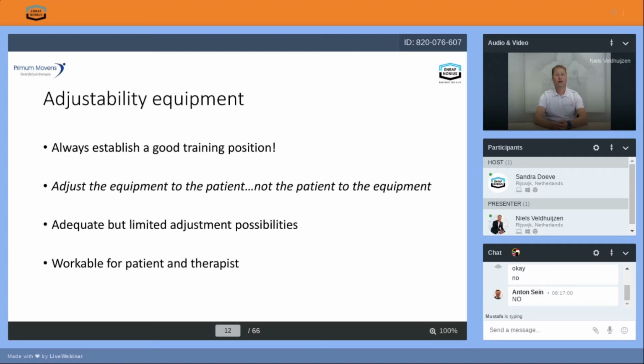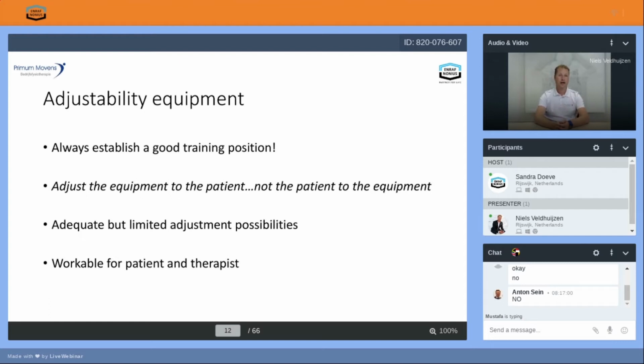One of the rules of thumb that we have here is that you should adjust the equipment to the patient, not the patient to the equipment, which means that you should take the time to investigate the exercise machines that you have in your room, so you know about all the possibilities to adjust them.